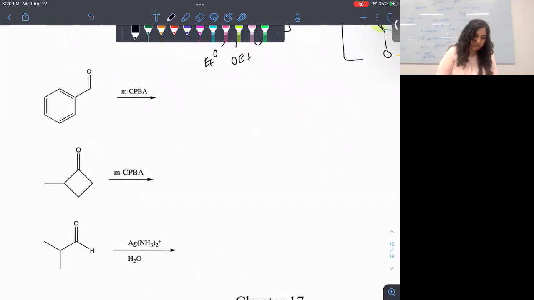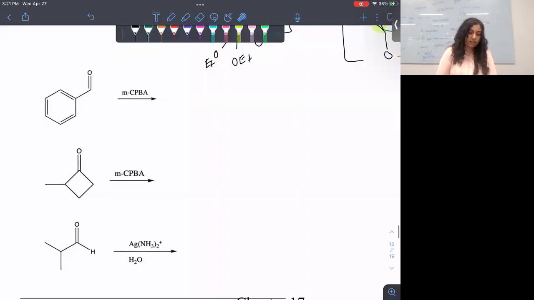But next we have this reaction, which is Baeyer-Villiger oxidation. So mCPBA does two things. mCPBA can epoxidate alkenes, or it can oxidize aldehydes and ketones. So in this case, we have an aldehyde, and you have to keep in mind the order of preference.